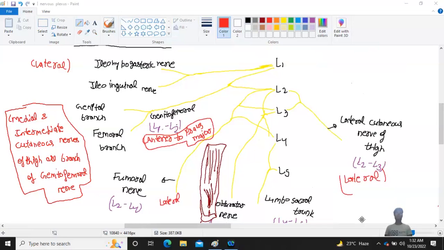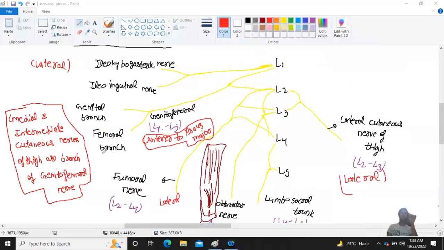Some nerves go into the thigh and supply the thigh region, but some nerves are in the pelvic region. Let's say the ilioinguinal nerve. We know it passes through the inguinal canal. The ilioinguinal nerve is a false content of the inguinal canal. Hypogastric is also in the hypogastric region.